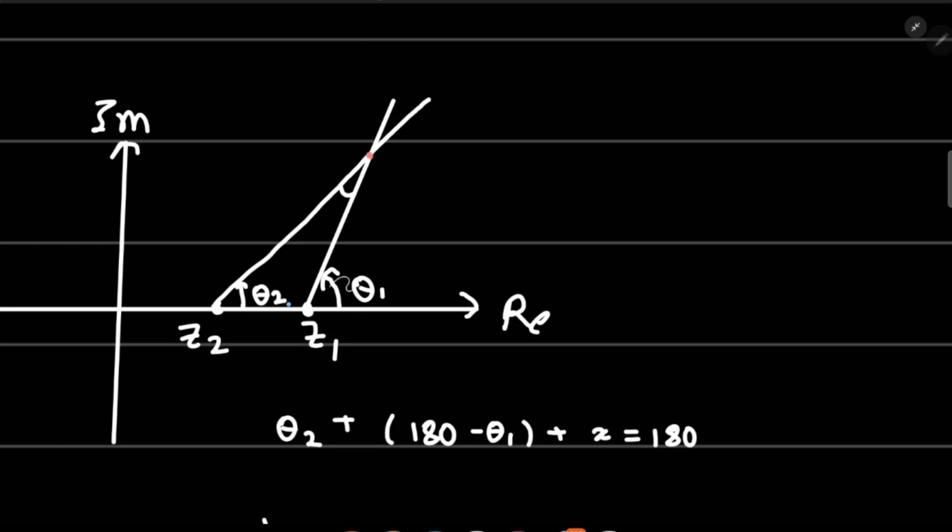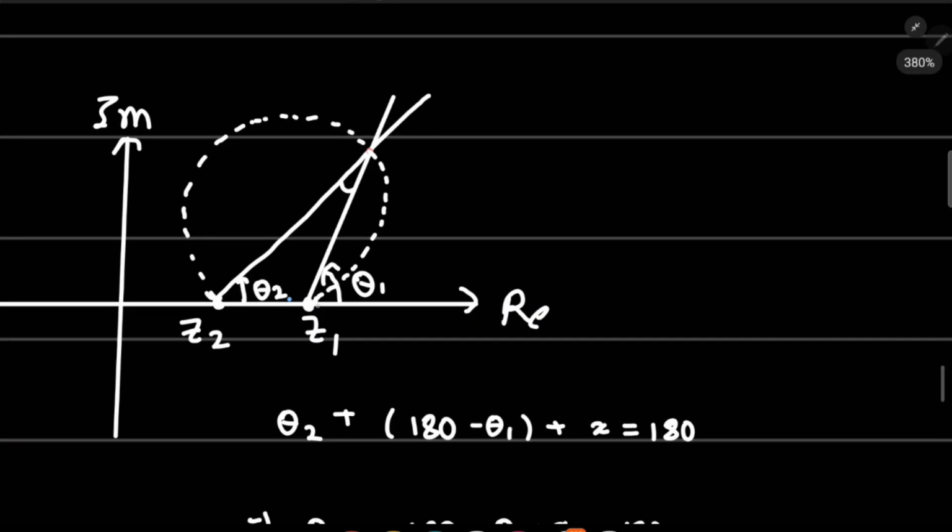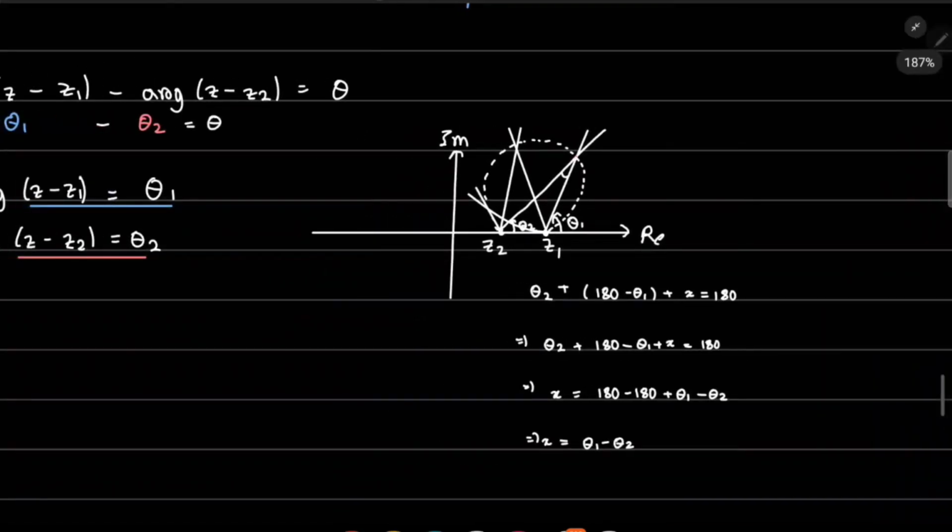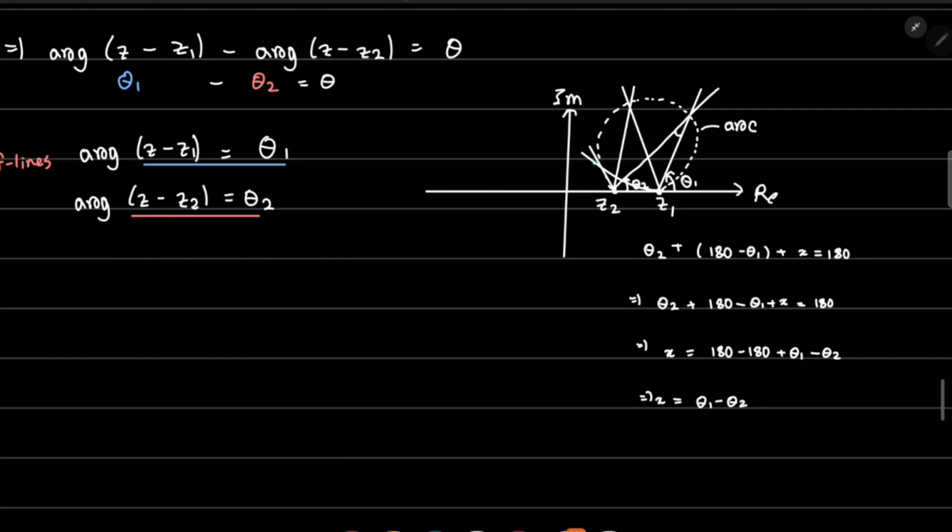So if you follow it, it will end up becoming an arc of a circle that begins at z1 and ends at z2. So this is an arc of a circle. At any point on this arc, these two lines meet. And you need to notice that the endpoints of the arc are z1 and z2.